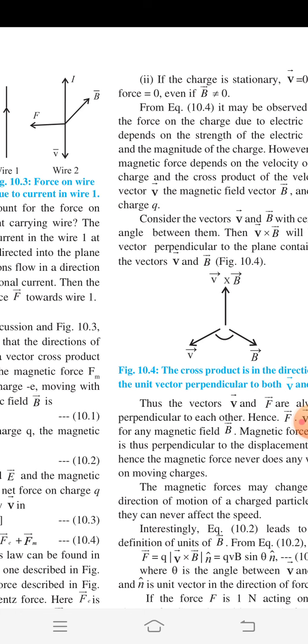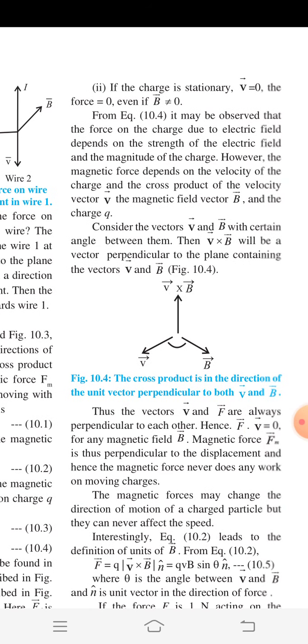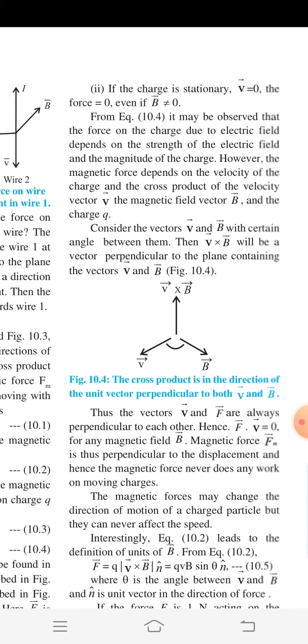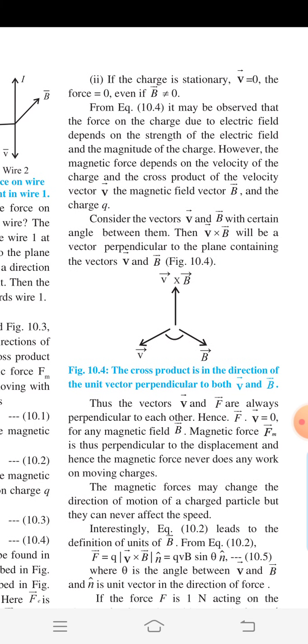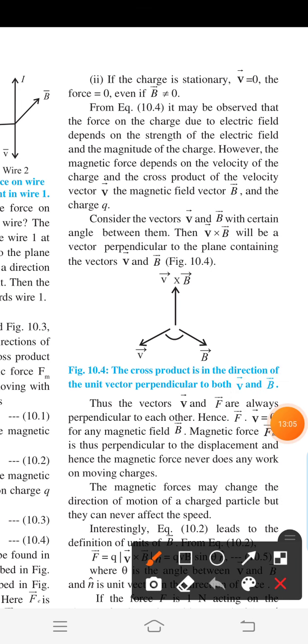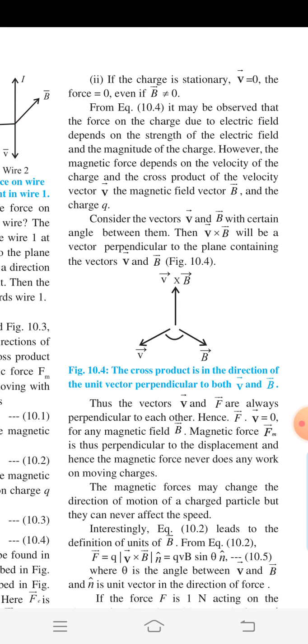From this equation 10.4, it may be observed that the force on a charge due to electric field depends on the strength of the electric field and the magnitude of the charge. This equation 10.4, that is the Lorentz force, F bar is equal to F E bar plus F M bar.